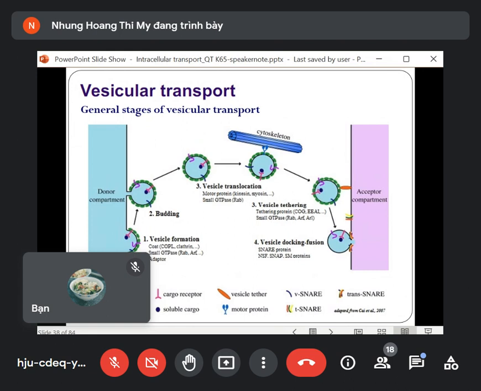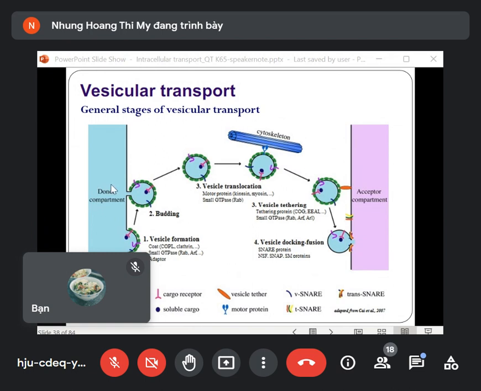Even though there are three pathways, they all have similar steps during one vesicular transportation. So every vesicular transportation will contain these four steps as indicated in the slide.